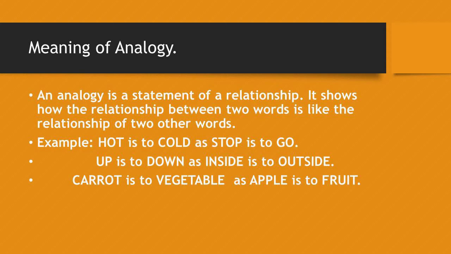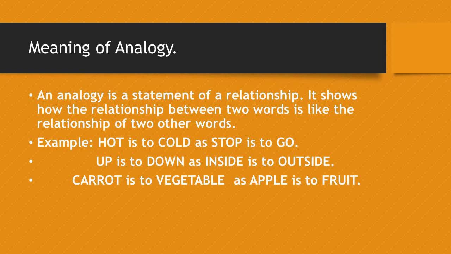For example, if I have carrot is to vegetable as apple is to fruit. This time I'm not looking at relationship of opposites. I'm looking at relationship of types of food. So this is how analogies, of course, work.